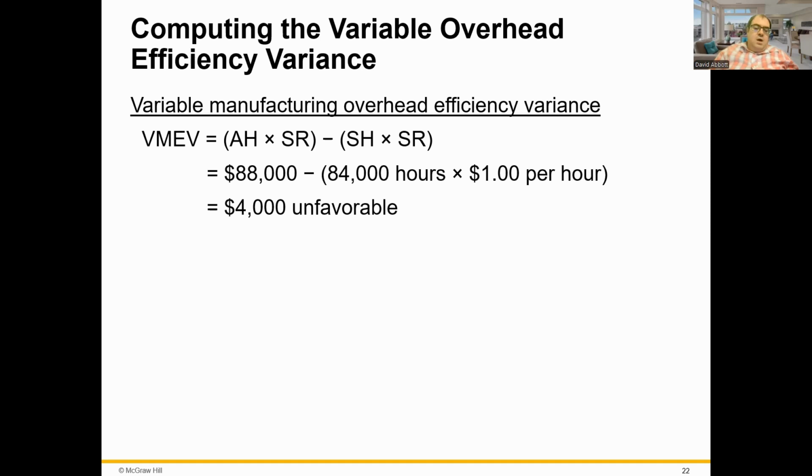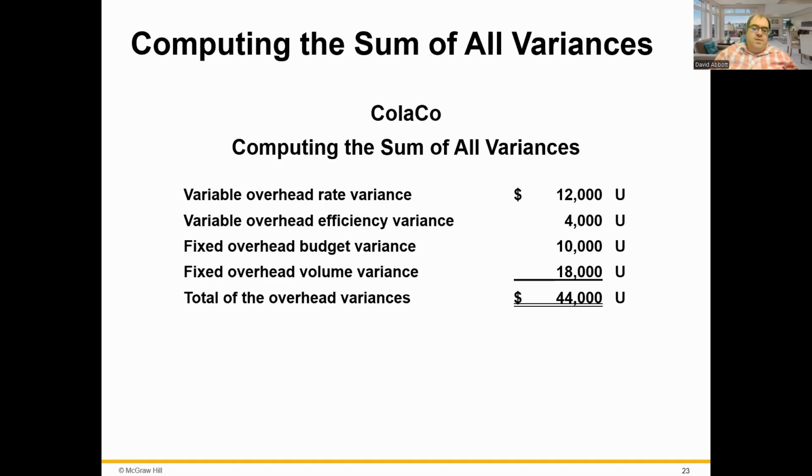And then Colaco's variable overhead efficiency variance, which is 4,000 unfavorable, we see by taking 88,000 minus 84,000 hours times $1 an hour. And then computing the sum of the variances.